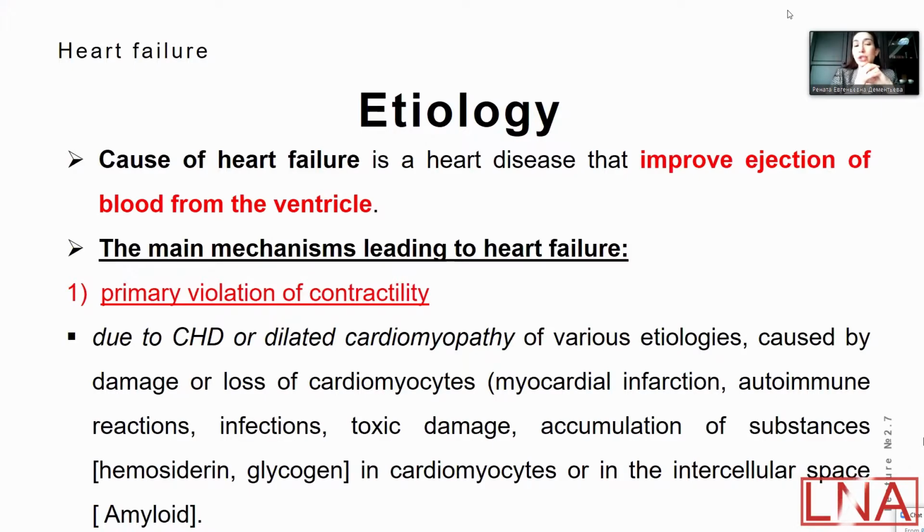The main mechanism leading to heart failure, first of all, is primary impairment of contractility due to chronic coronary disease, dilated cardiomyopathy or damage of the myocardium of various etiology, caused by damage or loss of cardiomyocytes due to myocardial infarction, autoimmune reaction, infection, toxic damage of the myocardium, or accumulation of substances like hemosiderin or glycogen in cardiomyocytes or in the intercellular space, like in amyloidosis.